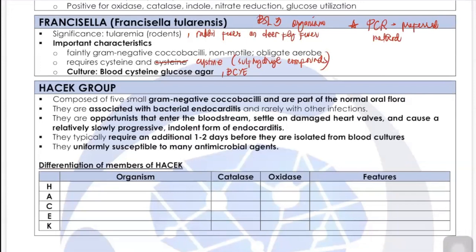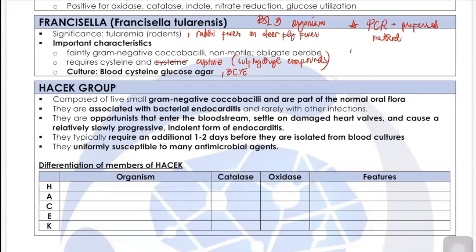This organism may grow on blood agar plate and on chocolate agar plate. However, the growth is not abundant, and it usually requires a longer incubation period of approximately 36 to 48 hours.